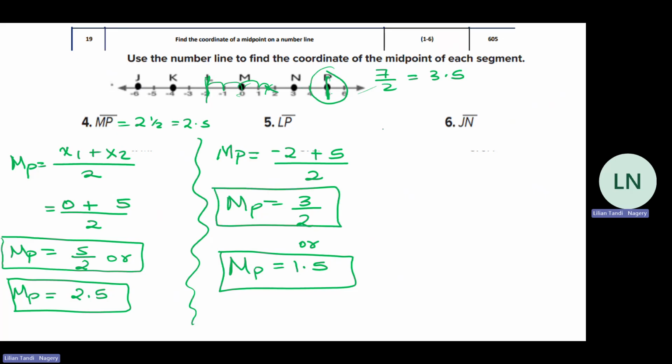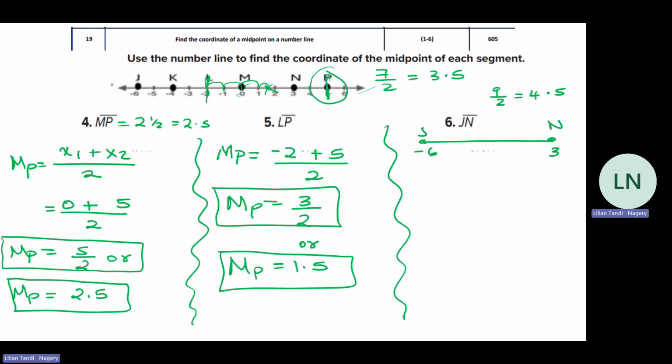Then here you have JN. So from J to N, this is J and this is N. J is -6 and N is 3. Those are 9 units. So 9 spaces. 9 divided by 2 is 4.5 spaces.